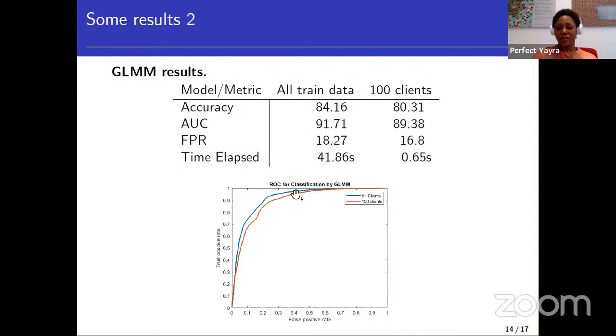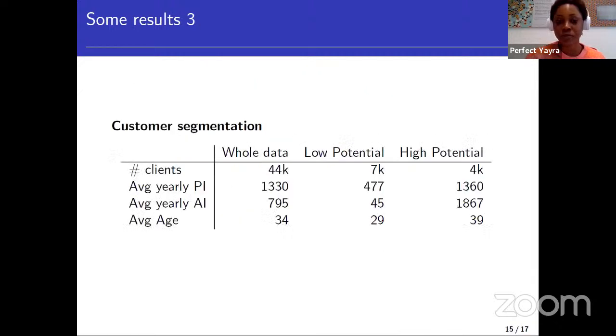The ROC curve is equally good, though there is some variance, but it's not that big of a difference. So we don't deteriorate the model performance that much, and we improve the computational time significantly and still have good results using this block CUR method.